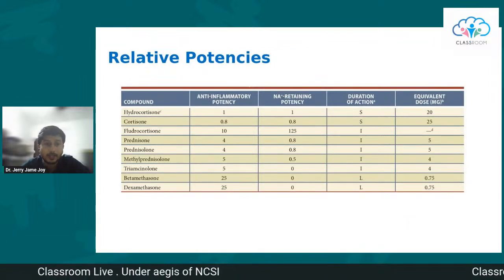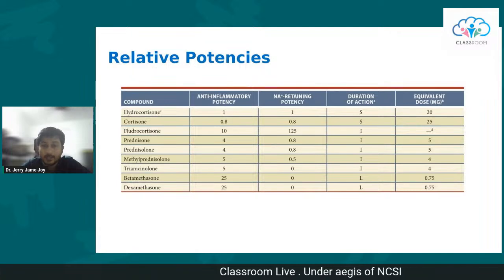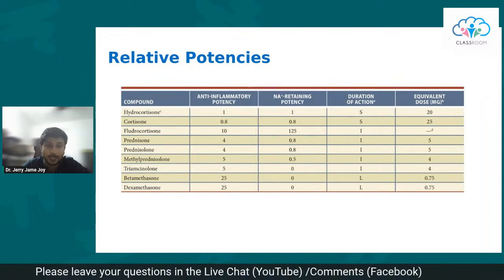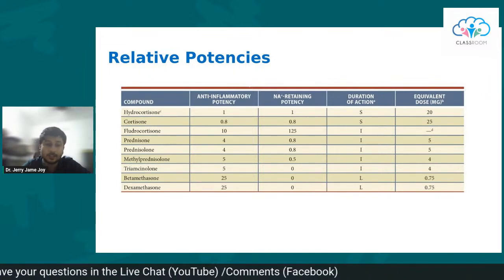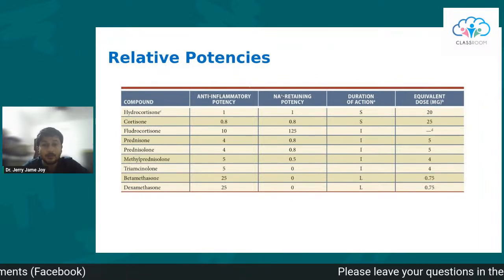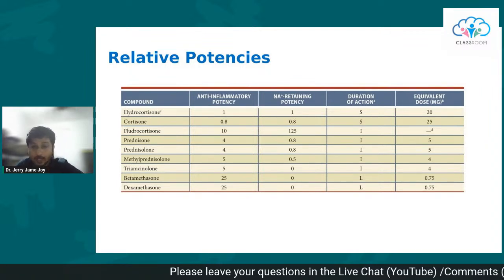So coming to relative potencies of different corticosteroid drugs, hydrocortisone, or cortisol, is the standard drug, to which the potencies of other drugs are compared. Cortisone is slightly less potent. Fludrocortisone has the maximum mineralocorticoid action.